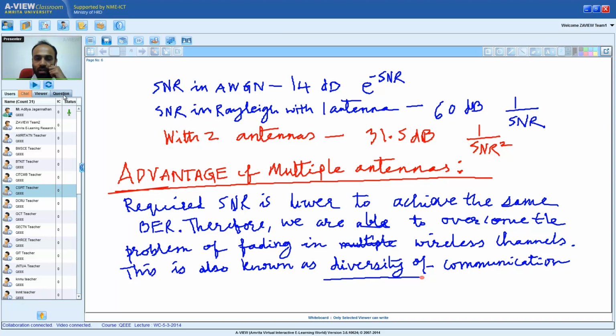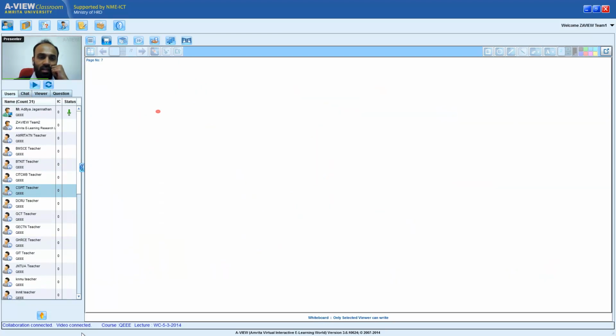In fact, you can see now, let us do it for the general case of L receive antennas. That is, I have a communication system which looks like this.